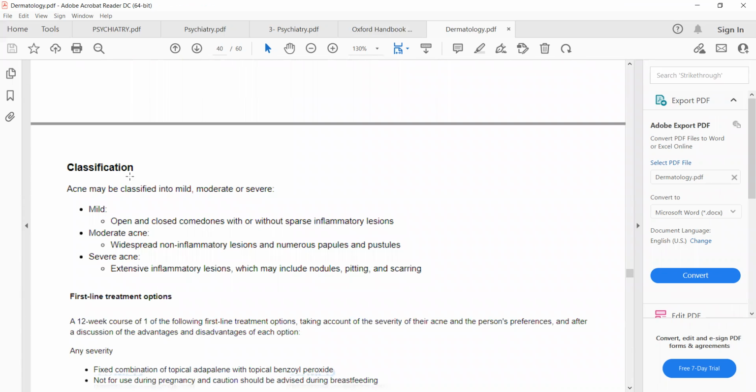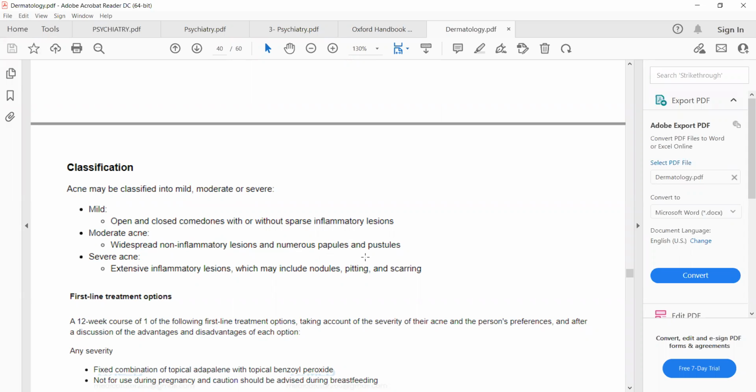Now, acne can be classified into three categories: mild acne, moderate acne, and severe acne. What are the features of each? If only open and closed comedones are present, white and black heads, then it is known as mild acne. So comedones are a feature of mild acne. What is moderate acne?